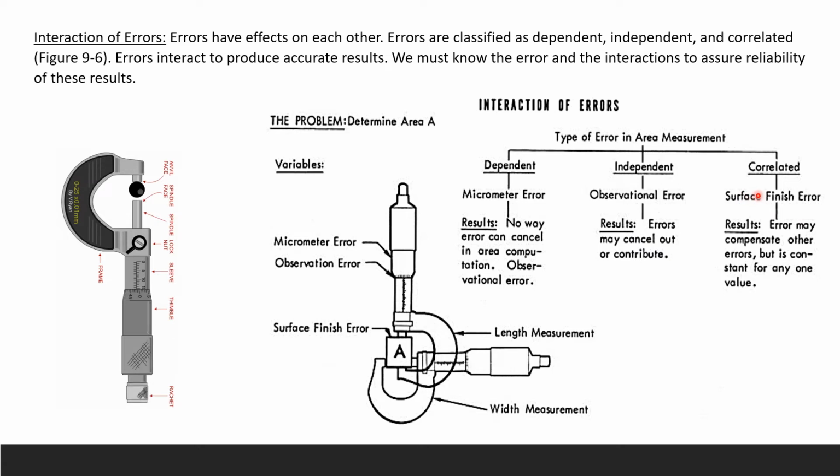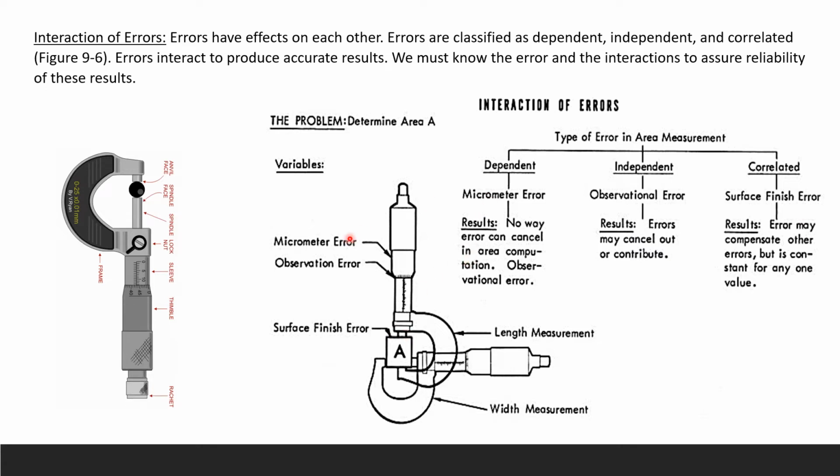So here they are, your interactions. These are the types of errors. So here the problem is to determine area A. So a little block right here, that's your example. Your variables: you have your micrometer error. Second is your observation error, okay? And then you have your surface finish error.